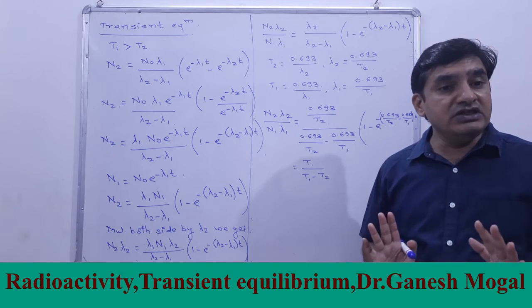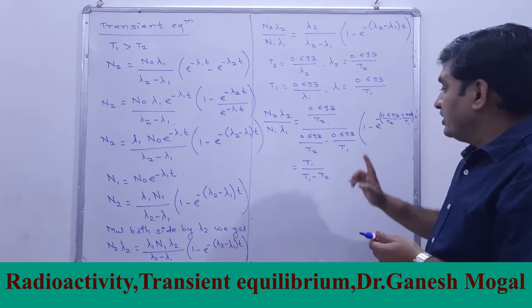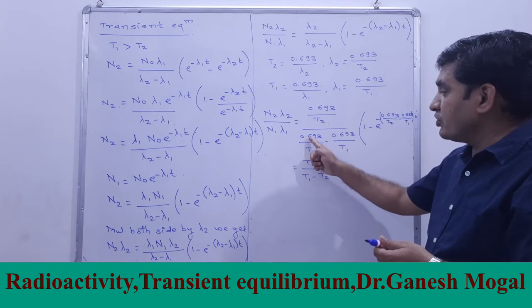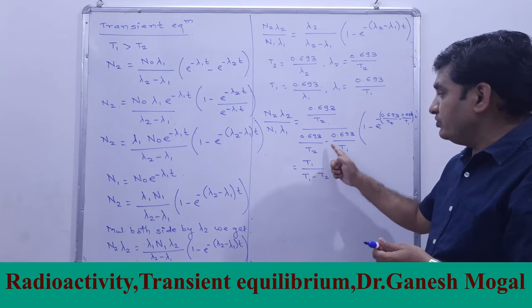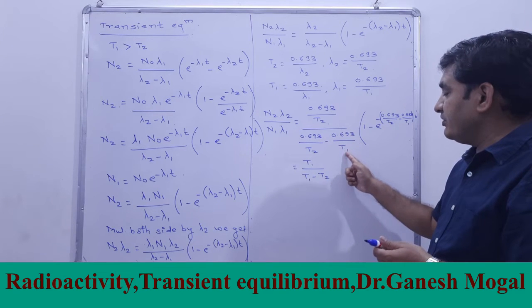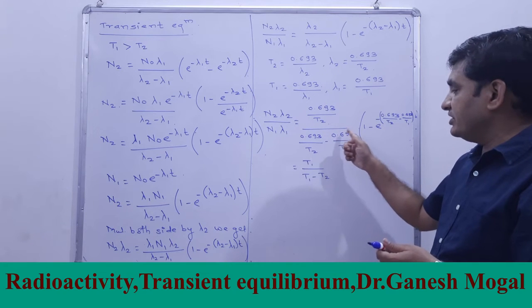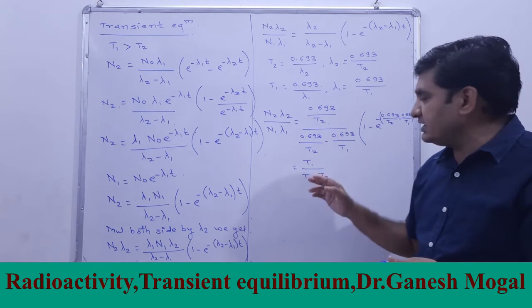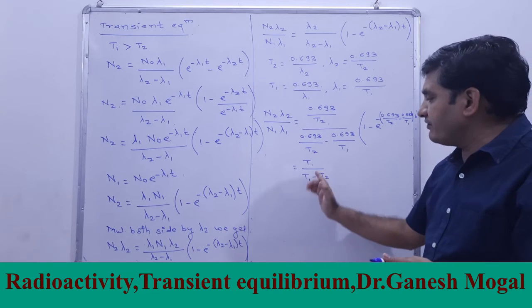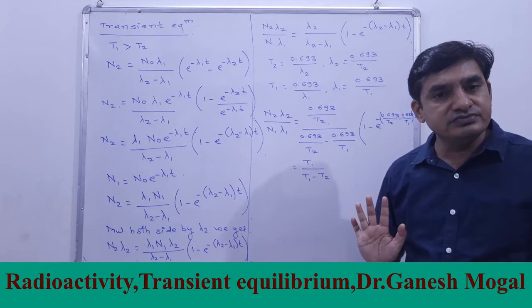Actually, the 0.693 divided by T2 terms cancel, but t is very large, and therefore we can represent it like this.